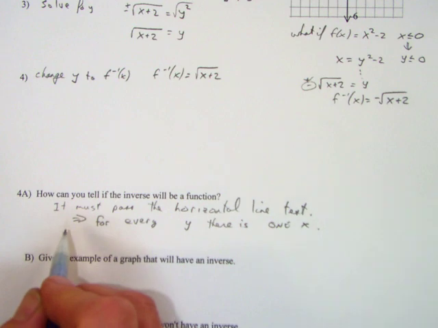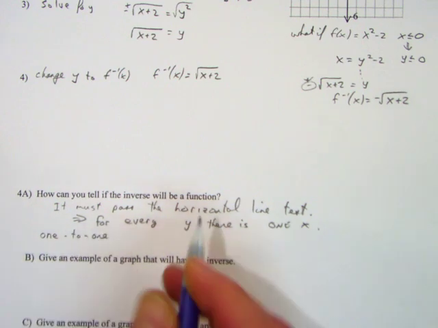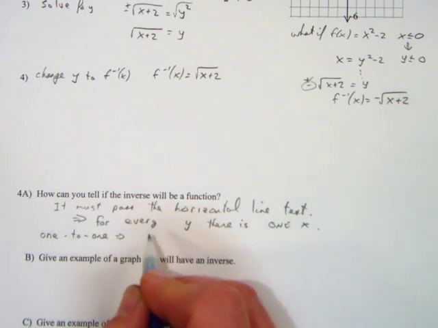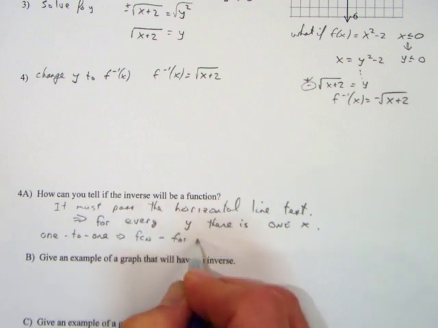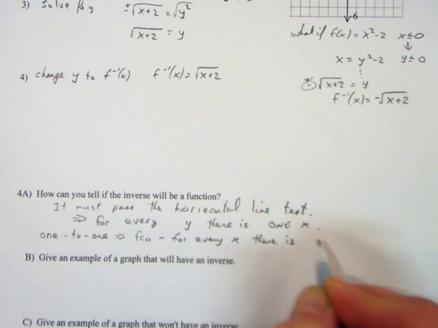So a function that passes the horizontal line test is called 1 to 1. And what that means is it's a function. And what does the function mean? For every x, there is one y.